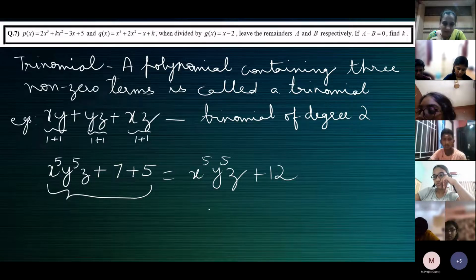It is a binomial in 3 variables x, y, z of degree 11. So don't write this under the example of a trinomial. I was just trying to tell you.